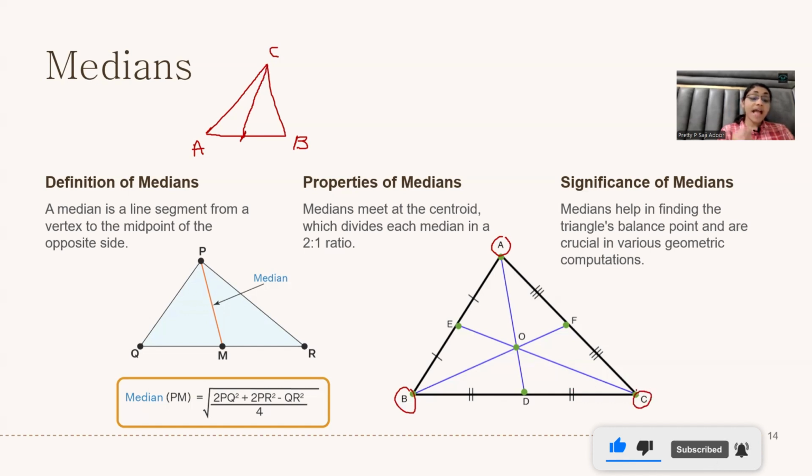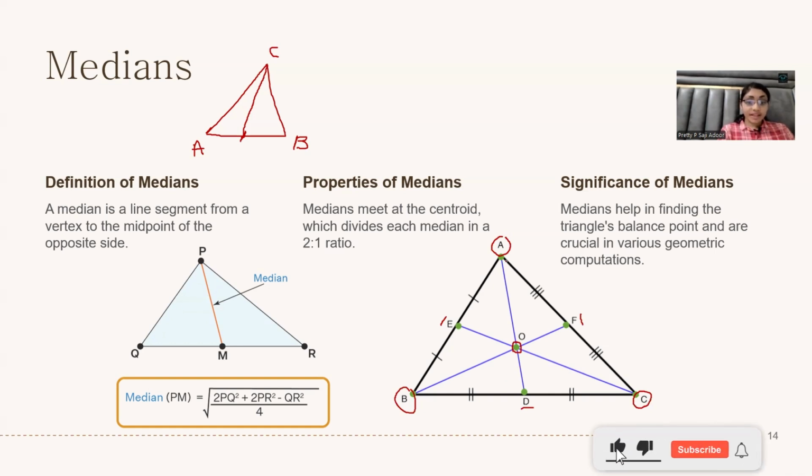In this triangle, for BC the midpoint is D, for AC the midpoint is F, and for AB the midpoint is E. If we join all the medians, then all the medians will intersect at a point. That point is O, and this point is called the centroid of the triangle. This centroid divides the median in a 2:1 ratio.